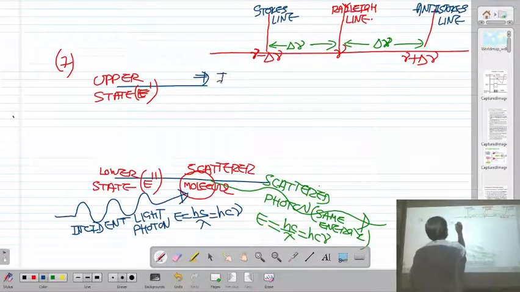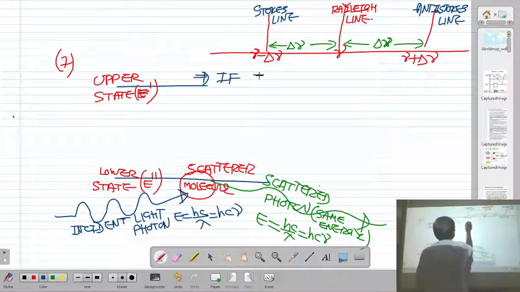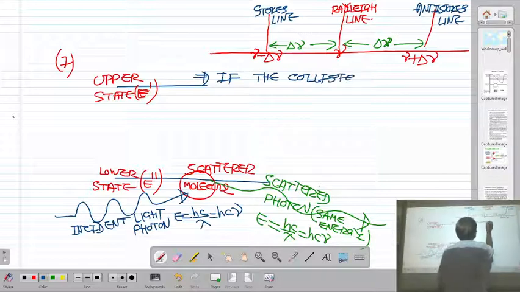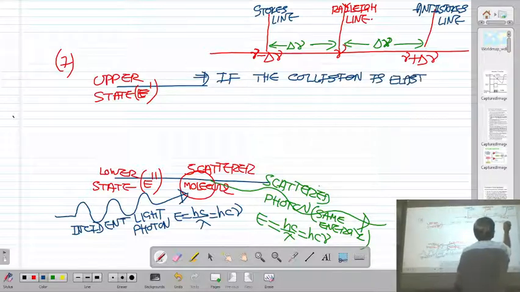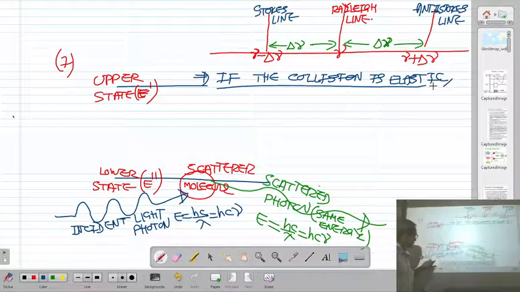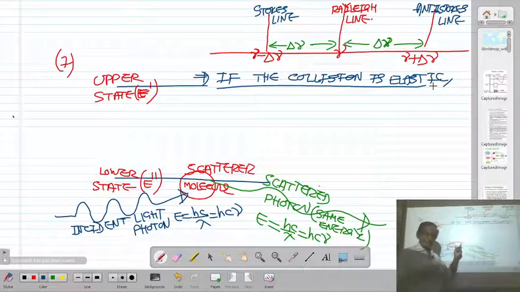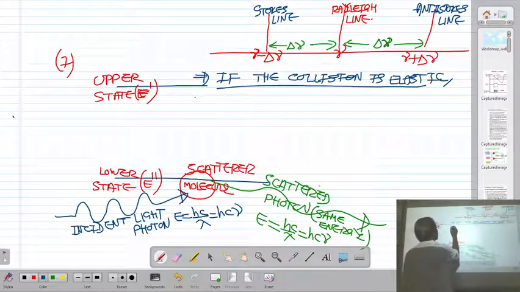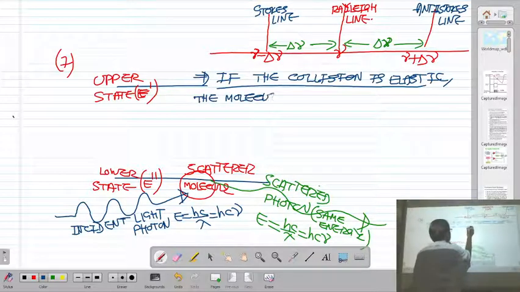The collision is elastic. Collision between incident light photon and molecule is elastic. The molecule remains after the collision.